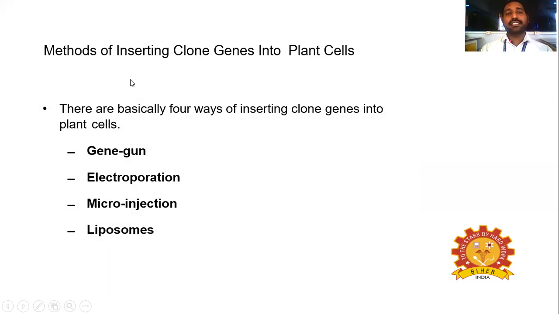So here we have the methods of inserting cloned genes into plant cells. First of all, we have to select the gene of interest, and once it is selected, we have to select the vector.